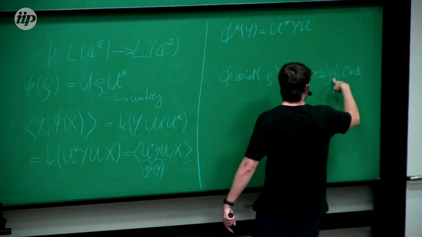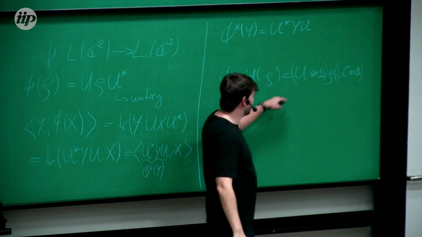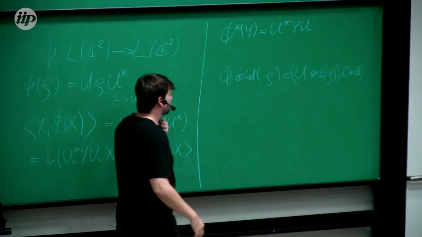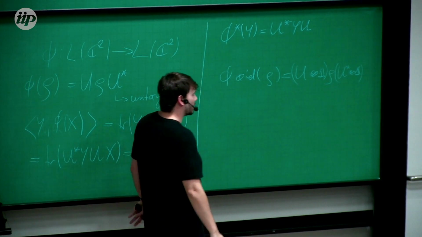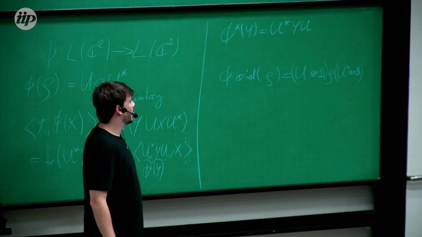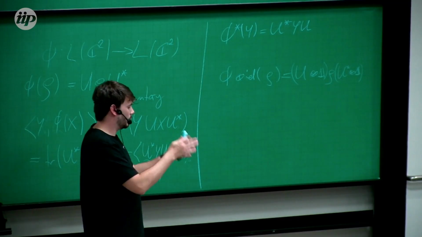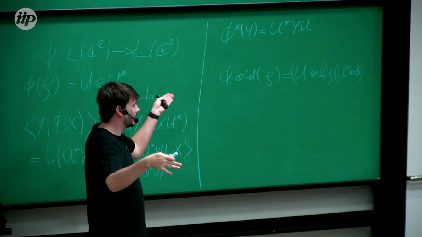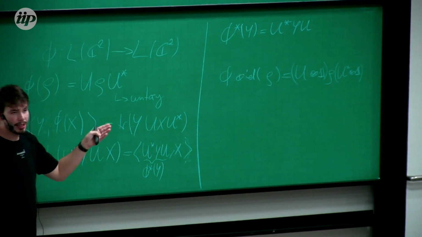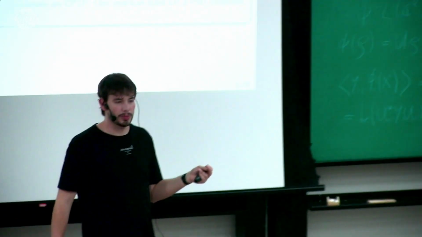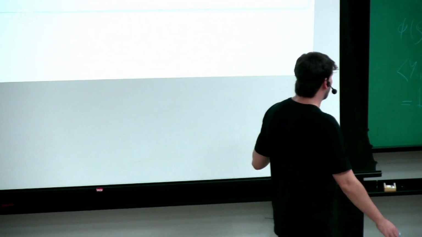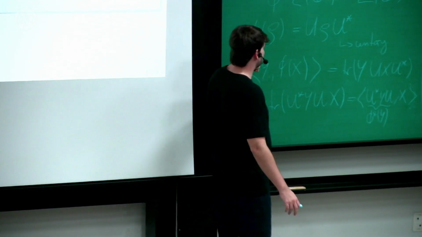And if this was positive, then conjugating with something like this will still keep it positive. So no matter what we do, it maps positive to positive. This is why this is a completely positive map. Now, coming up with a map that is positive but not completely positive is slightly non-trivial, and we'll see an example tomorrow. But essentially, all completely positive maps have a similar form.